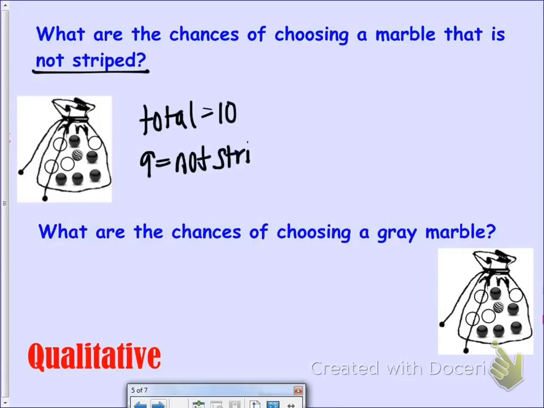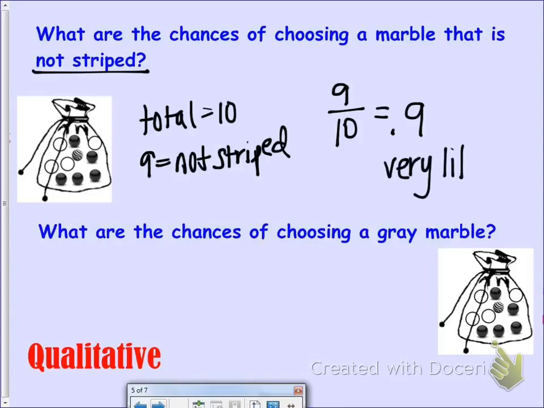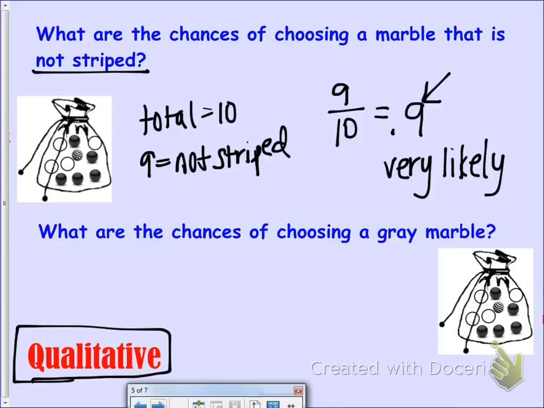So whenever I set up this probability, I have 9 over 10, which is a 0.9 probability. This is a very likely to happen probability. So we are looking for the qualitative if you look down here. This is the verbal description. This number right here would have been the quantitative, but the verbal descriptions are the qualitative.